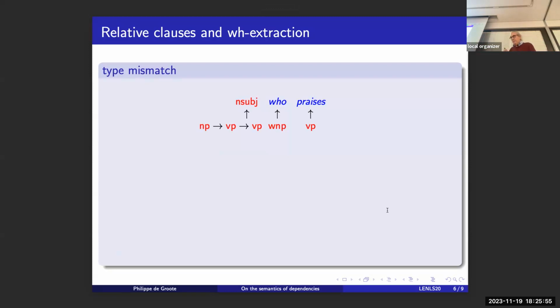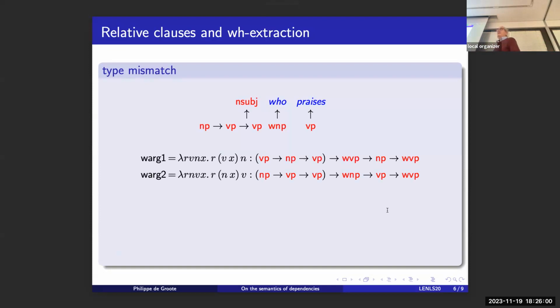Okay. But then what we can do is to use some kind of combinators in order to coerce the argument. And so we may have those two combinators. The first one, in fact, is going to transform the first argument, which is supposed to be a verb phrase, into a W verb phrase, and this one is going to transform the noun phrase into the W phrase.